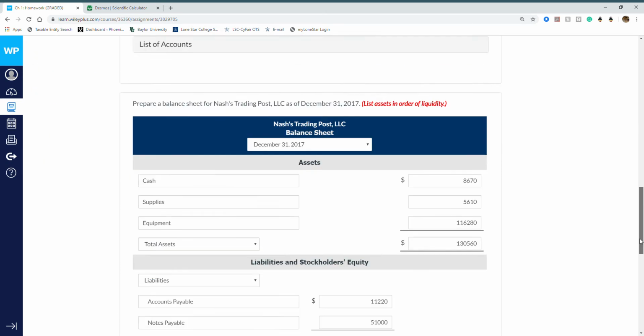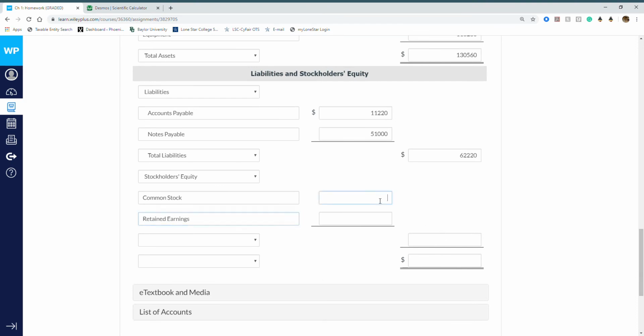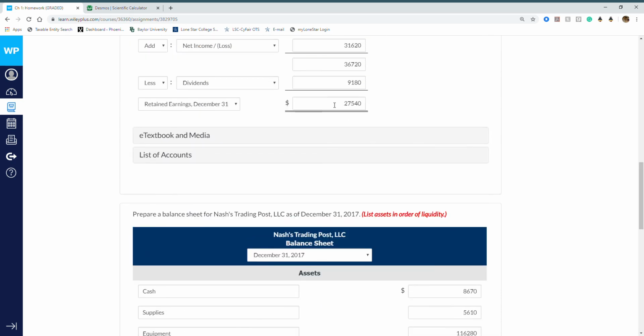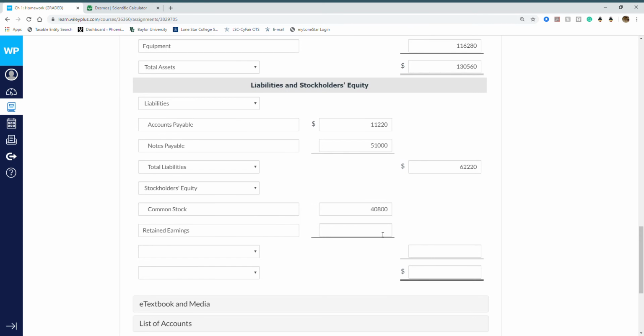So 40,800. Retained earnings, we've already figured out. It is right here in the statement of retained earnings. We just use that amount. 27,540. And you can just copy and paste, since basically the number flows if you want to.